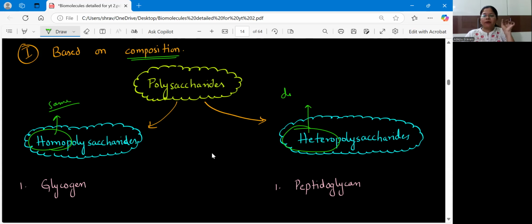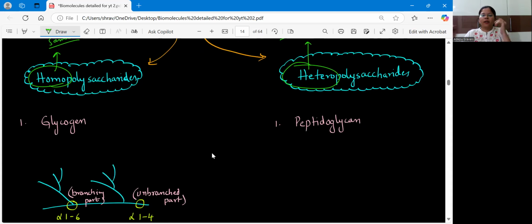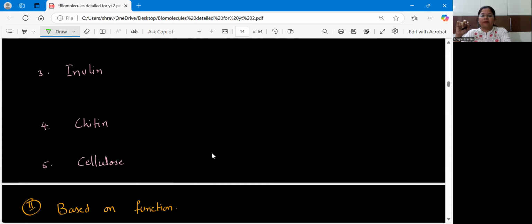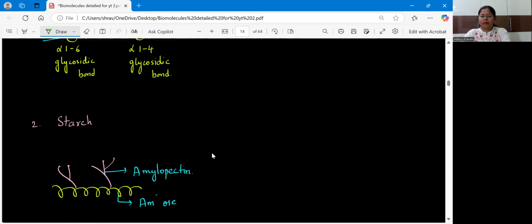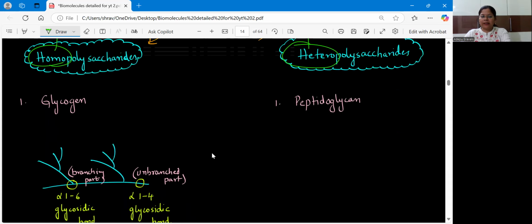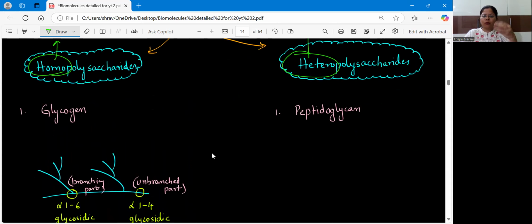And if we have different types of monosaccharides, such polysaccharides are called heteropolysaccharides. Examples of homopolysaccharides will be many, like glycogen, starch, inulin, chitin, cellulose. All these are examples wherein they can be made up of glucose, NAG, and so on. So we can have different types of monosaccharides also.